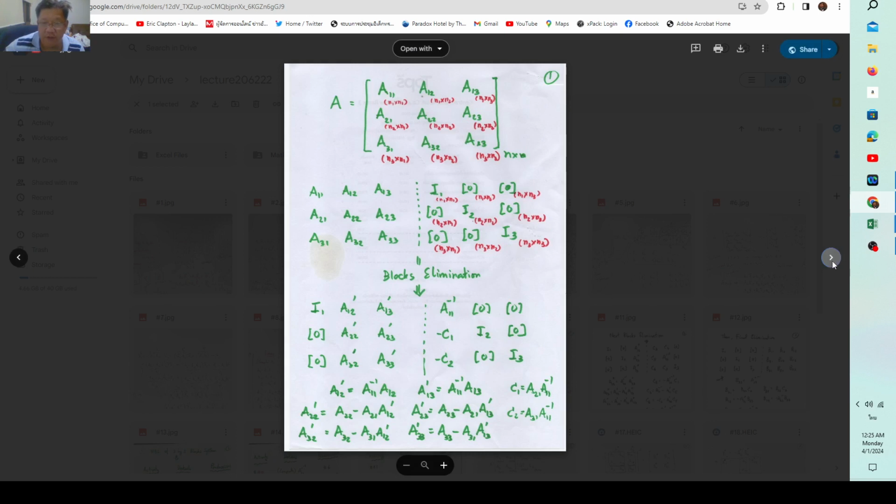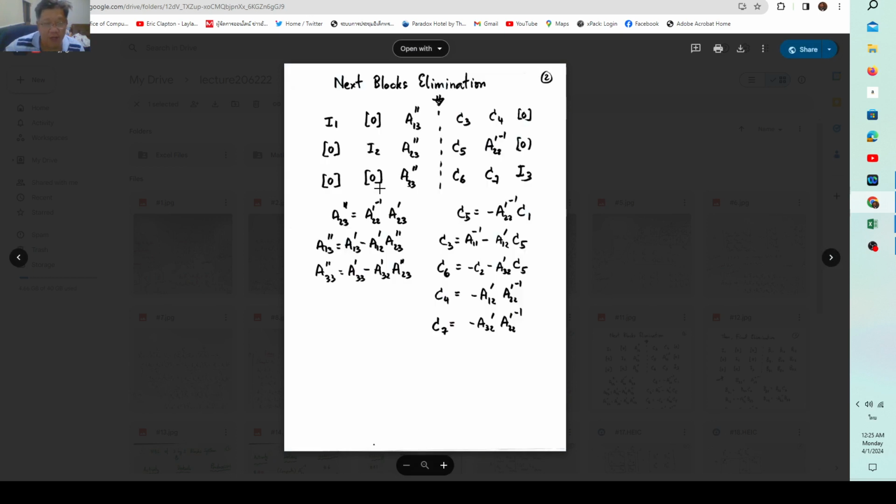So it was just subtraction of A32 prime times A22 prime inverse, this one, right? C sub 7 minus A32 prime times A22 prime inverse, okay, over here. A32 prime multiplied here, and then the original is 0, so 0 minus this becomes C sub 7, right? So this one you get this elimination for this.